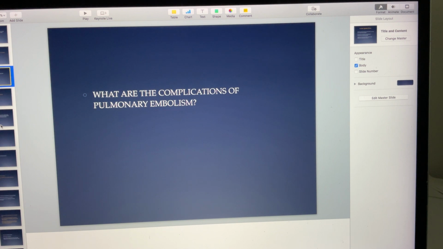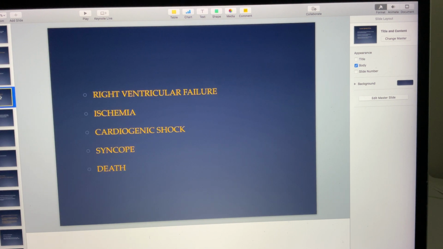Make sure you don't miss this, because there are lethal complications or consequences that could arise if you misdiagnose pulmonary embolism. So complications could lead to right ventricular failure, ischemia, cardiogenic shock, syncope, okay? You can as well ultimately have death. So someone can die from pulmonary embolism.